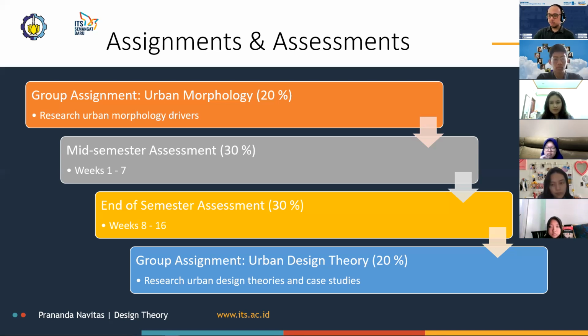The mid-semester assessment will cover course contents from weeks 1 through to 7, and then the end of semester assessment weeks 8 until 16.